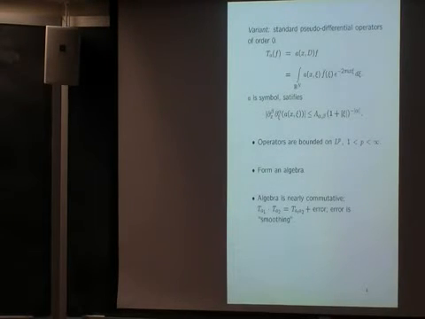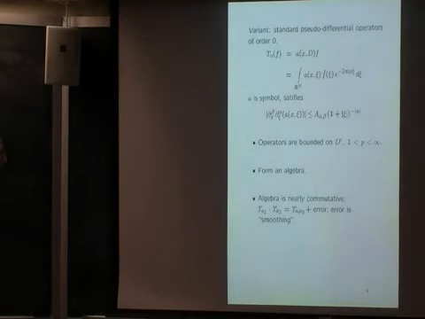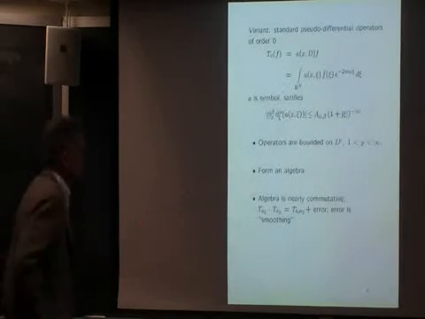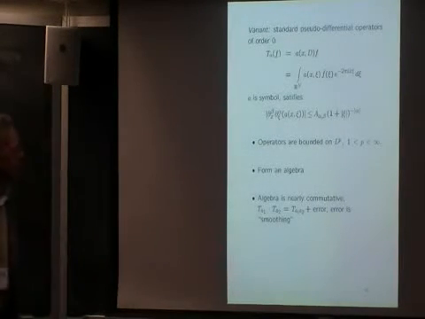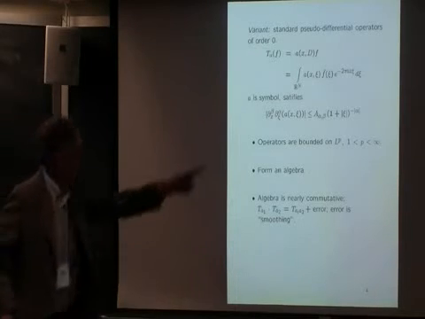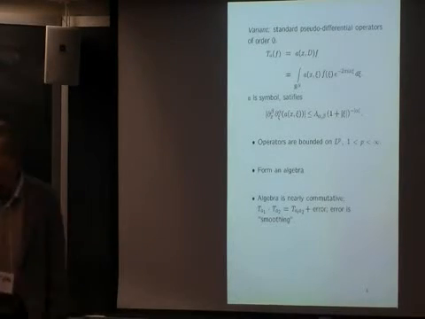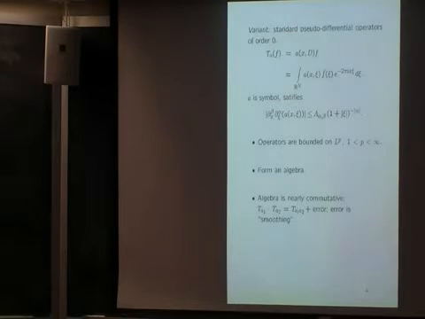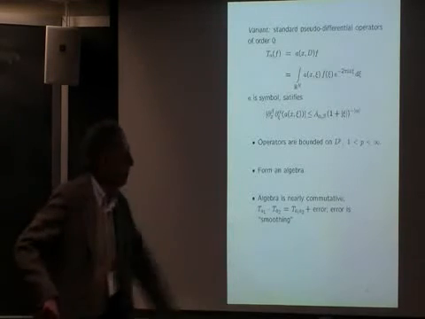So now a very important variant of this are the classical pseudo-differential operators. They're operators which are given in terms of a symbol and the Fourier transform. And here the symbol satisfies differential inequalities, which are somewhat reminiscent of the differential inequalities that the kernel satisfied, and we write these operators.